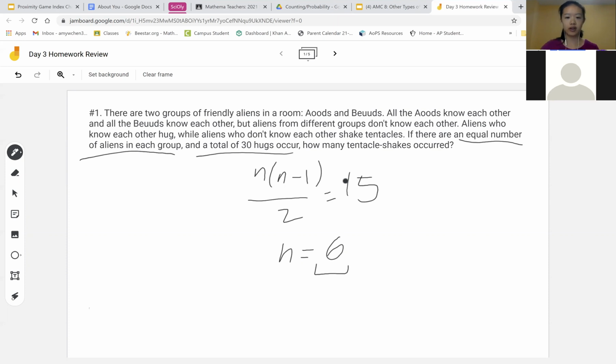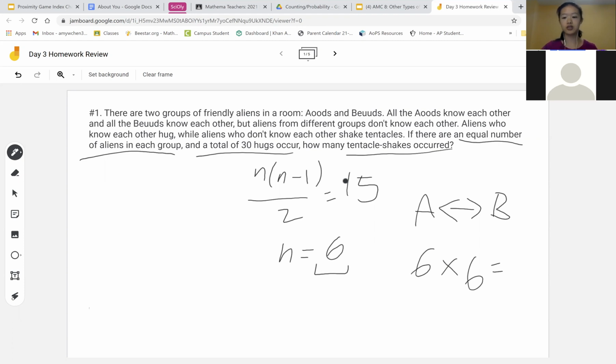So tentacle shakes occur between aliens who don't know each other. That means all the A's have to shake tentacles with all the aliens in group B. And since there's 6 people in each group, each of the 6 people in group A would have to shake hands with each of the 6 people in group B. So you would actually just multiply these 2 together, and you don't need to divide or do any fancy 6 choose 2 or something.